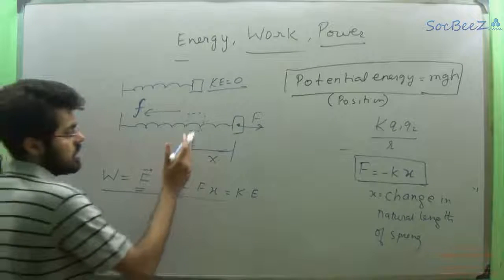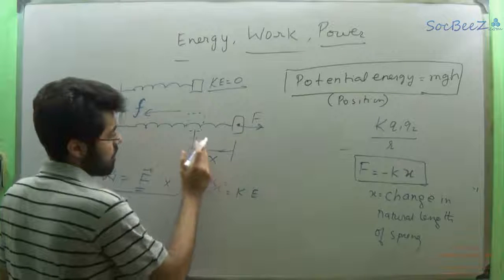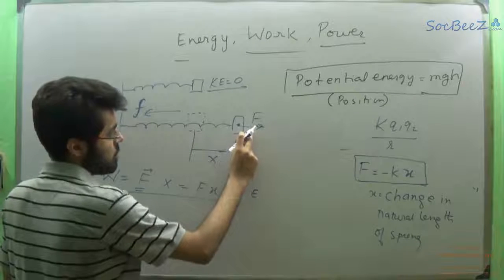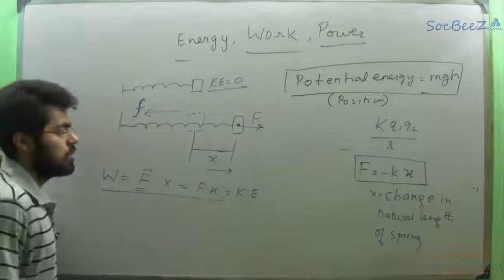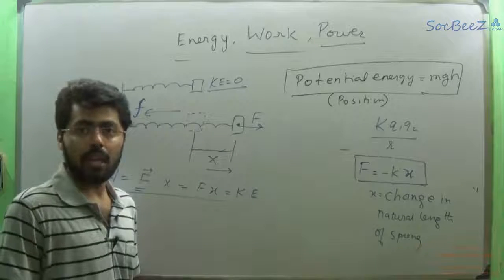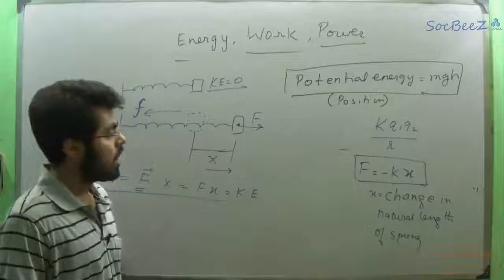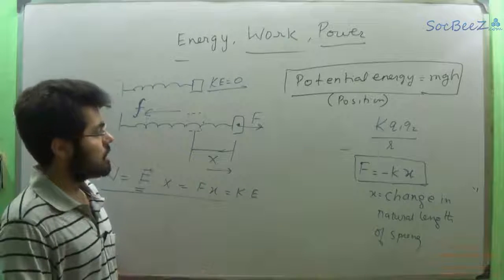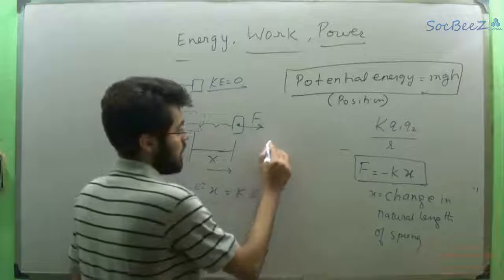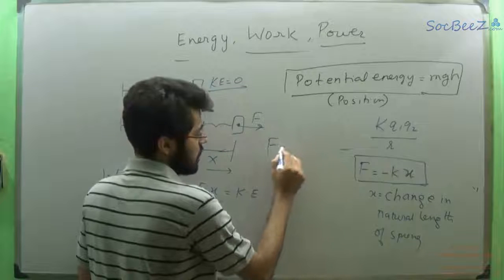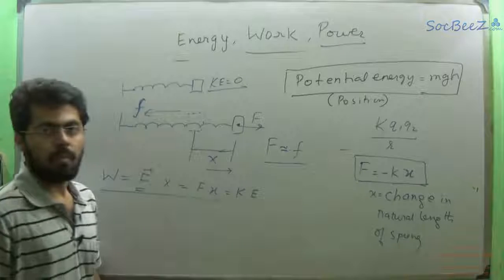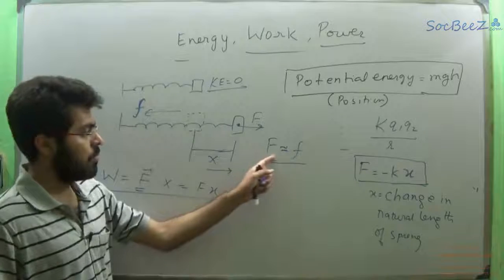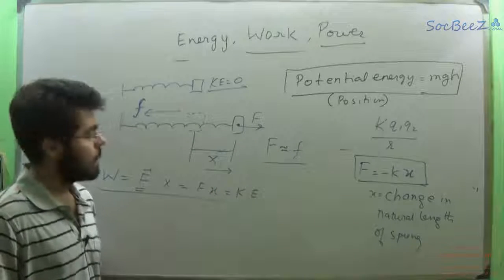So as soon as this F does positive work, because the direction of F and the displacement are the same, this restoring force is doing negative work. So right now we will assume that this F is almost equal to small f.